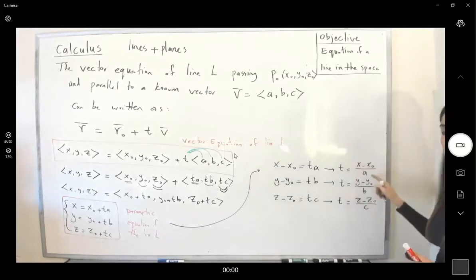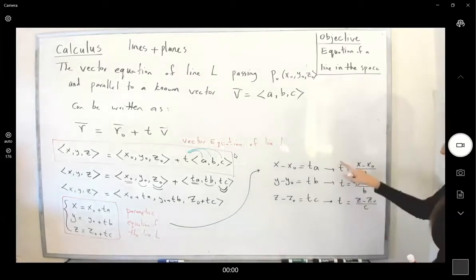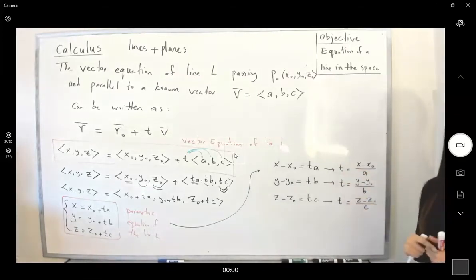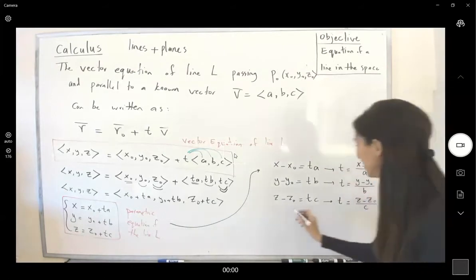T is equal to the first fraction, T is equal to the second fraction, T is equal to the third fraction. T is equal in all of them. So these fractions must be all the same.